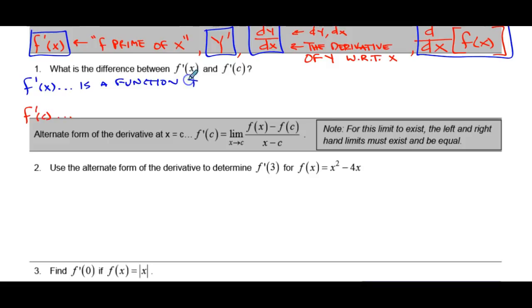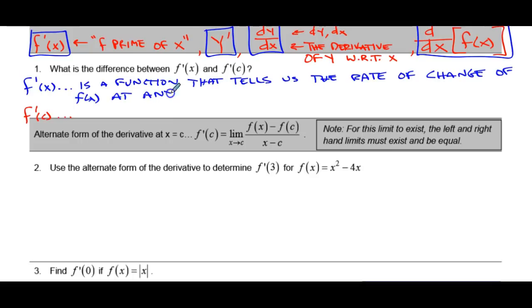It's a function that tells us the rate of change of f of x at any x value. And remember, the rate of change of f of x is the slope of the tangent line.